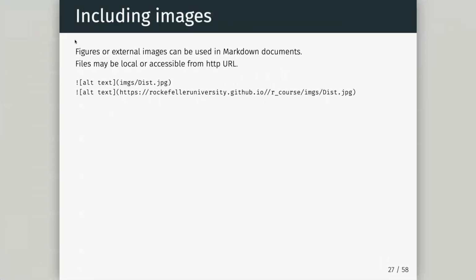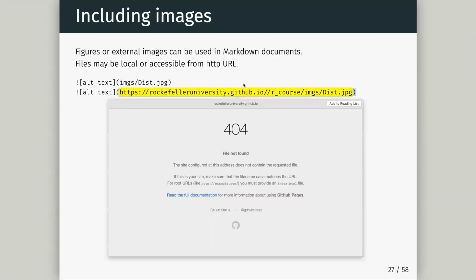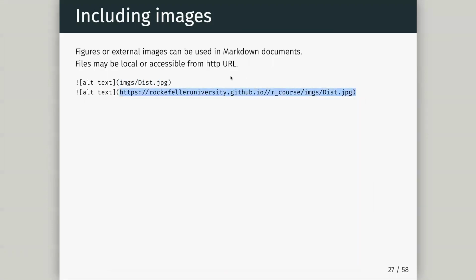If we want to include external figures in our Markdown, that's very easy to do. We just need to follow this format: an exclamation mark, and then in square brackets the text which will go under your image. This is the caption. And then parentheses, and either the path to your image on your own computer, or, if you're compiling it into HTML, Markdown is quite good.